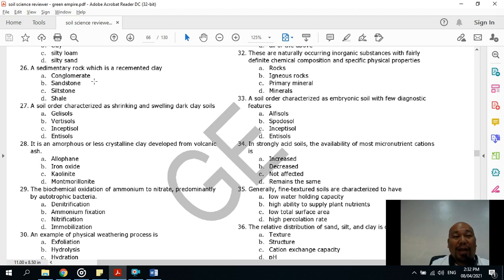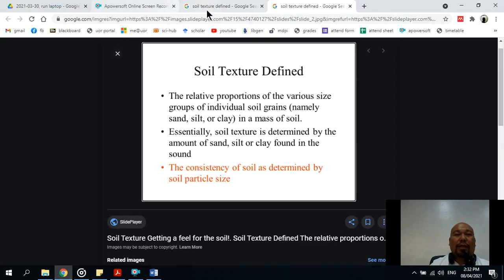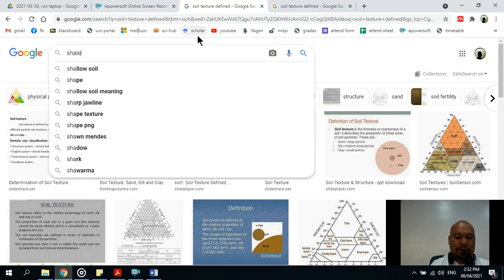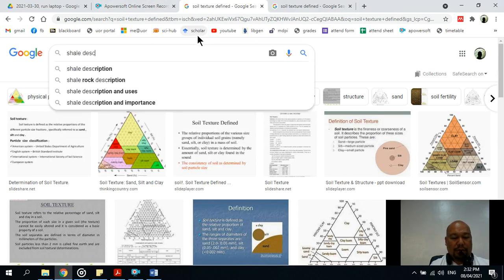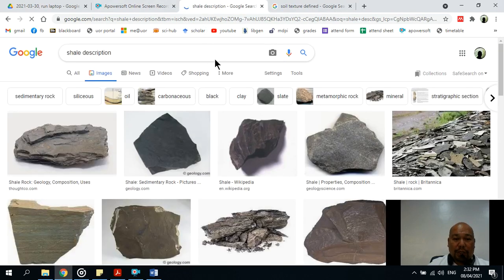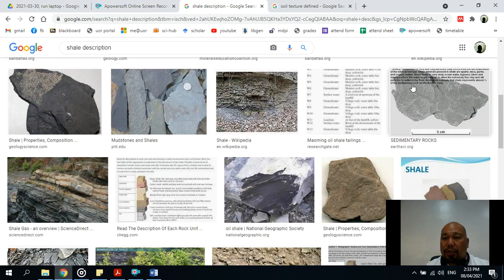Conglomerate kadtong sa halo-halo na ni siya. Nagsagol-sagol na. I think it's shale. Ato, shale. Wait. Shale. Description. Shale description.